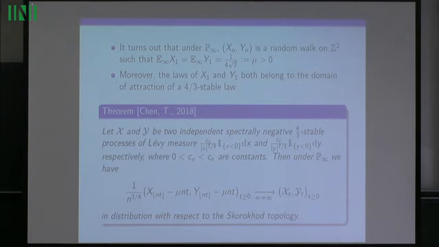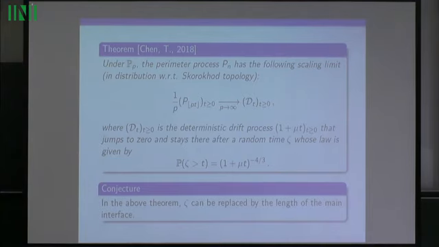Then we have a second scaling limit result: if we still let the plus boundary be finite, then the perimeter process of the plus boundary has a scaling limit when p goes to infinity. What happens is that the perimeter process looks like this.